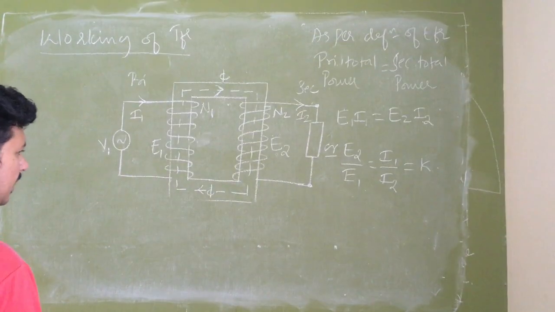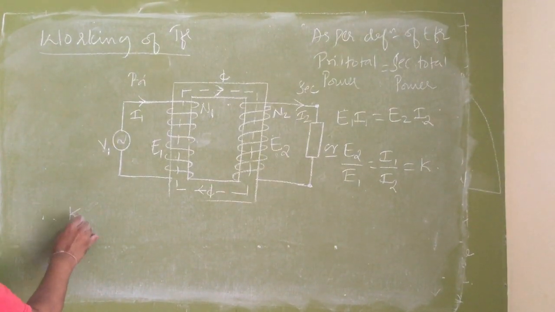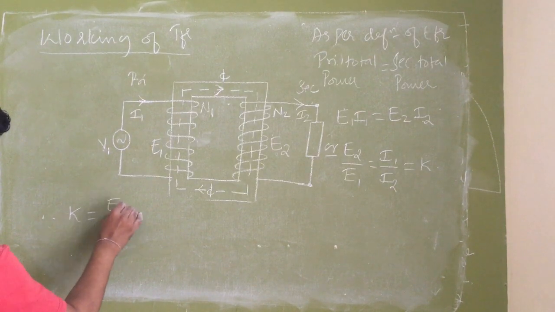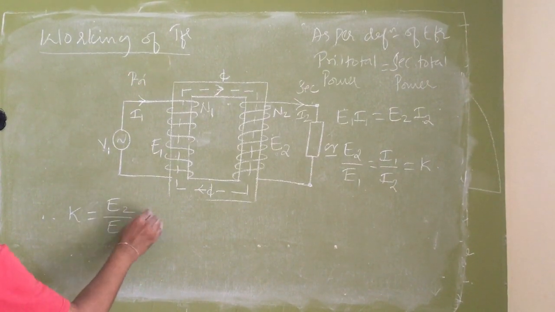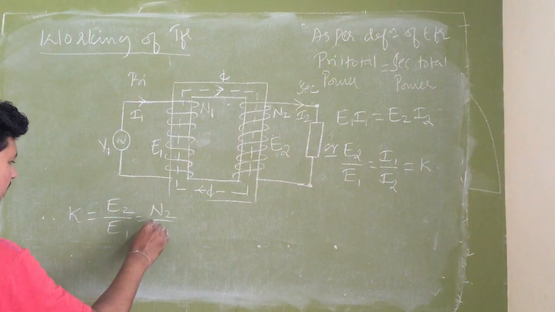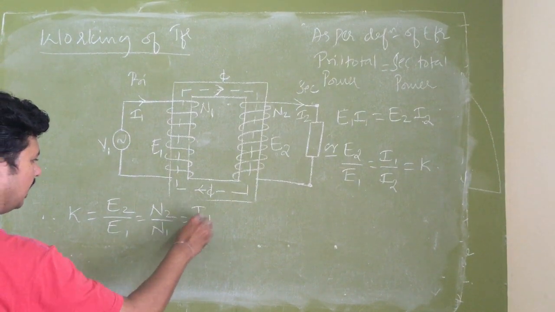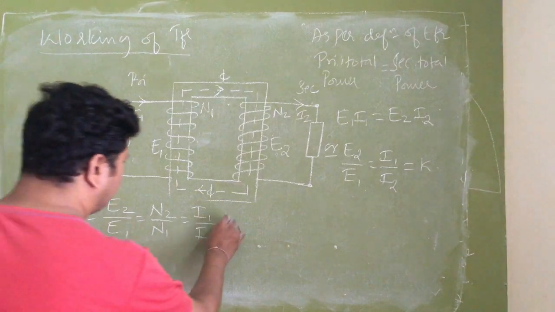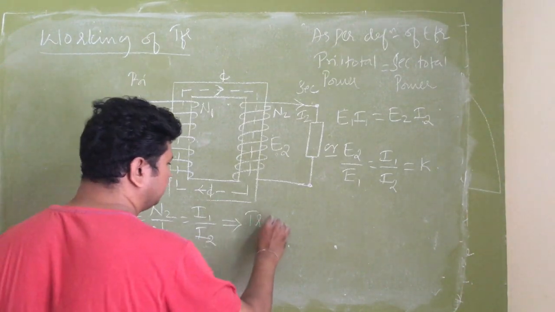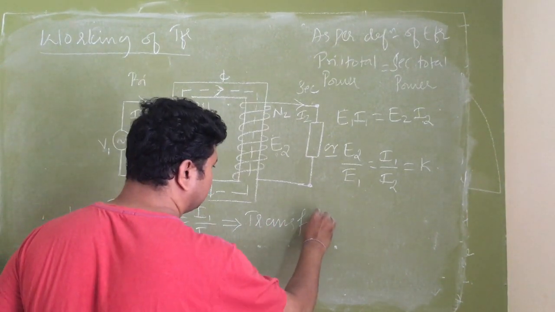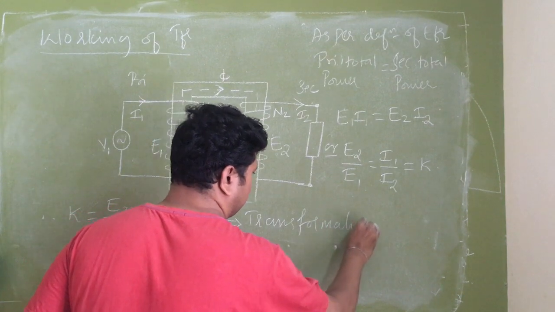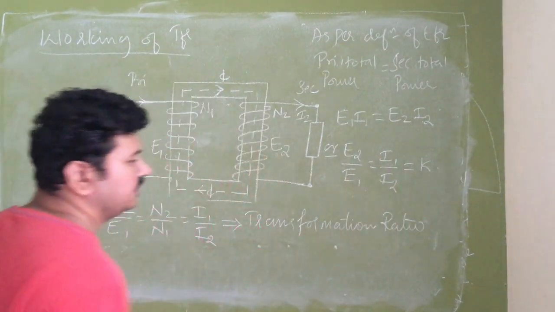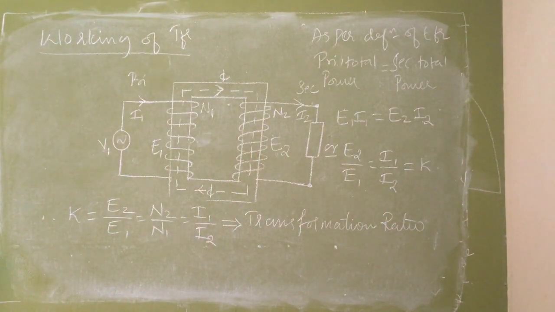Now therefore I can write K is equal to E2 by E1, equal to N2 by N1, equal to I1 by I2. So this is the transformation ratio of a transformer.